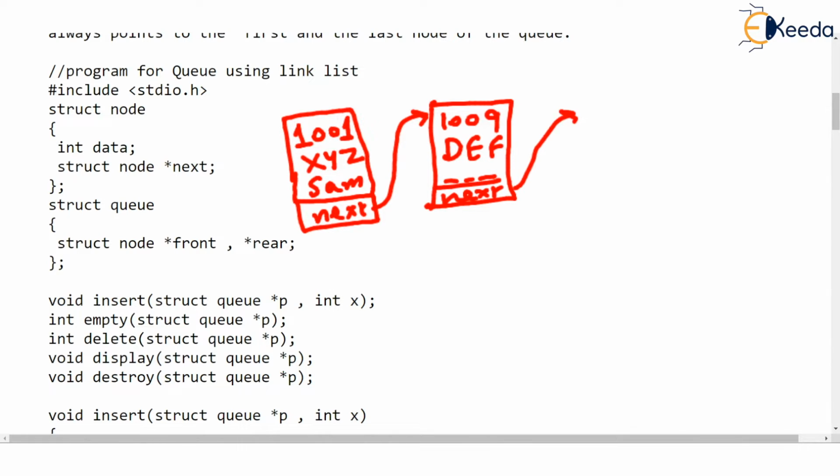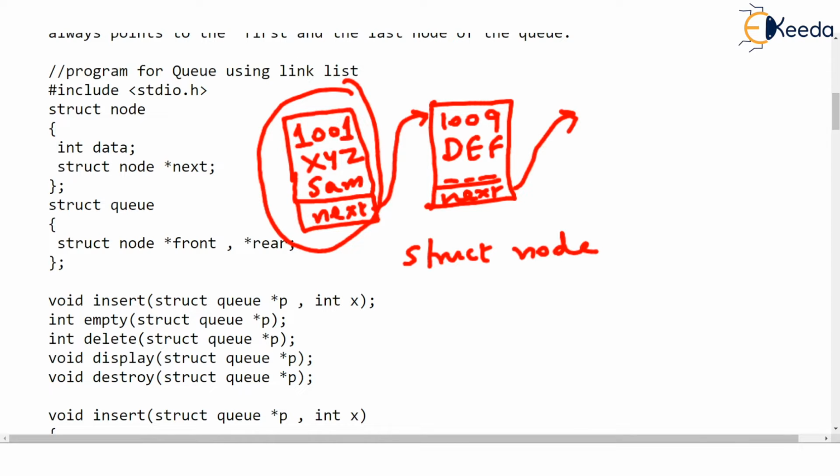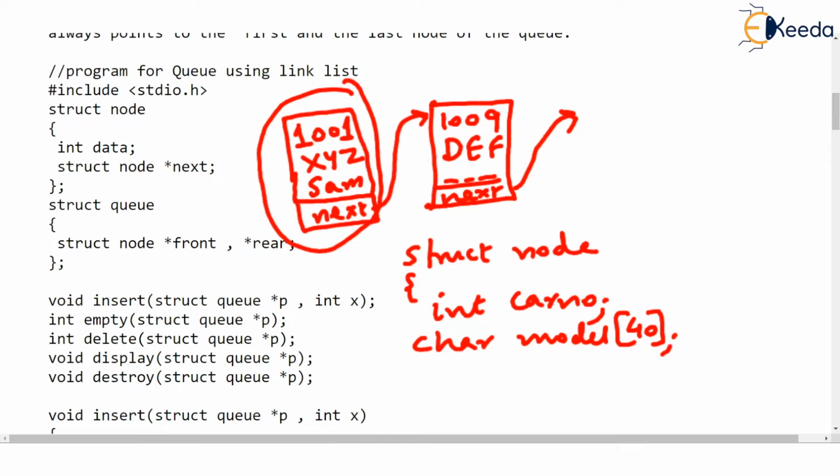So in that case, you will declare this constituent node as struct node, or you can say struct car, and every node has a car number, let's say car NO, and then model. So that will be char model, let's say square bracket 40. This is a model name. And then owner of the car.